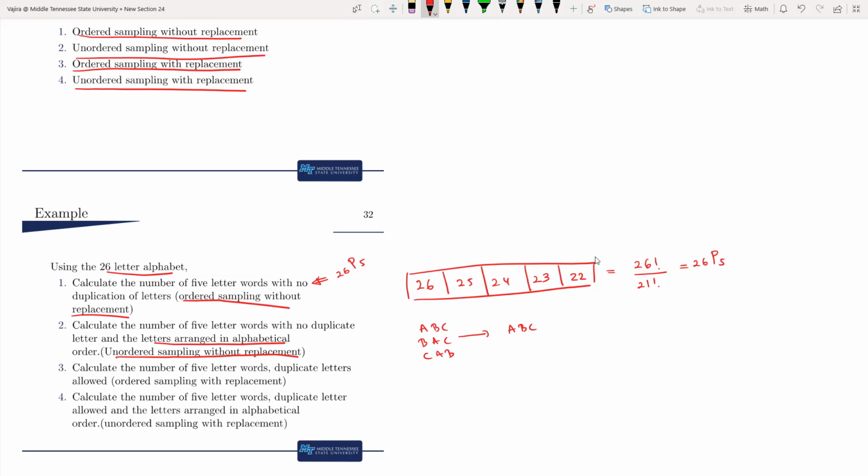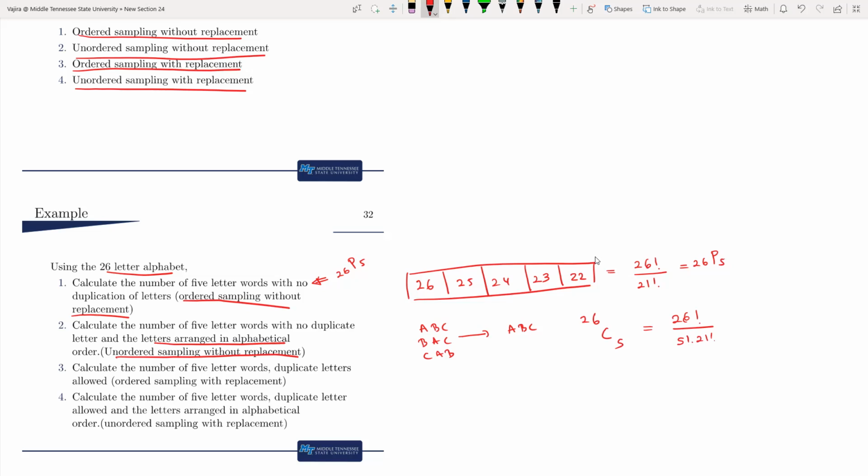This is basically a combination. We have 26 and we want to pick 5. So the answer is going to be 26 factorial divided by 5 factorial and 21 factorial.